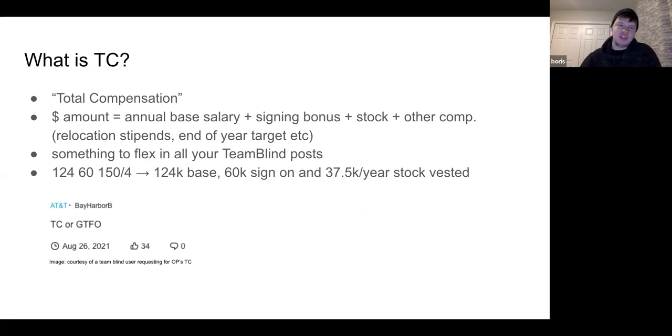You might see something like 124, 60, 154 over 4. That's the TC breakdown: 124K base salary, 60K sign-on, and 150K over 4 years. If it vests quarterly, you get your 37.5K per year in a linear fashion. You may see this on websites like Blind.